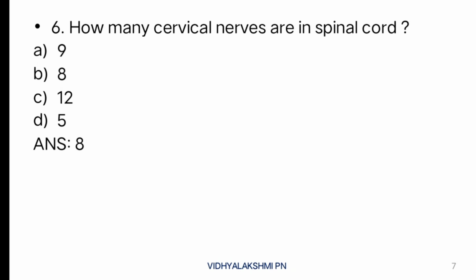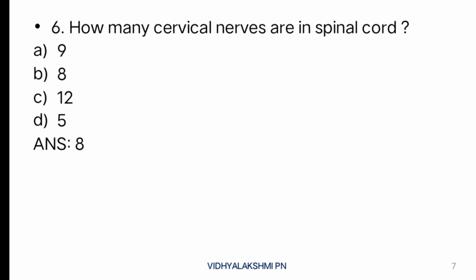A simple mnemonic like CT lumbar, sacral, coccyx, you just remember. CT means cervical. Cervical is 8. Thoracic means 12. Then next is lumbar, which is 5. Again sacral is 5 and coccyx is 1. So it is easy for us to remember those nerves of the spinal cord.